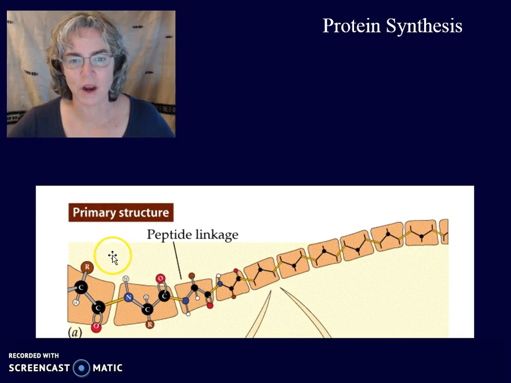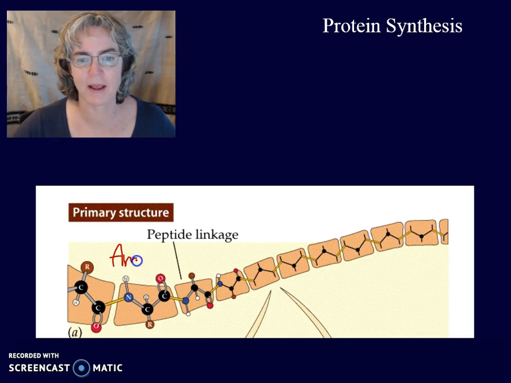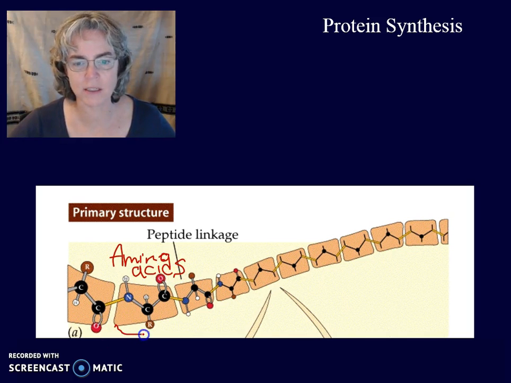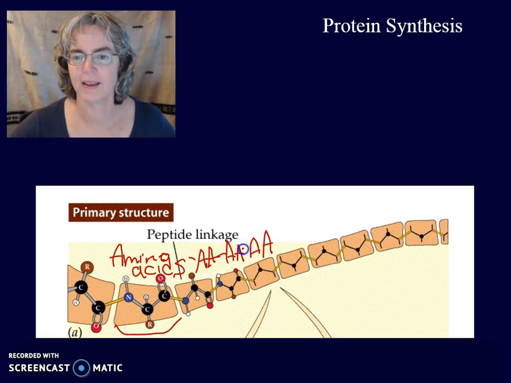Here is our protein chain. So we know that a protein is made up of amino acids. So each one of these blocks is an amino acid, and they're bonded together with covalent bonds.